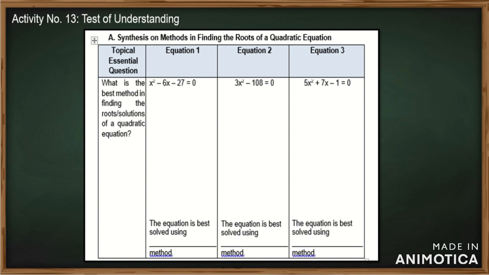Now it's up to you to determine the best method that will find the solutions of the quadratic equations. Then do not forget to complete the statement below so that you'll be able to get the pattern and answer the essential question. Okay, so I know you can do it very well.